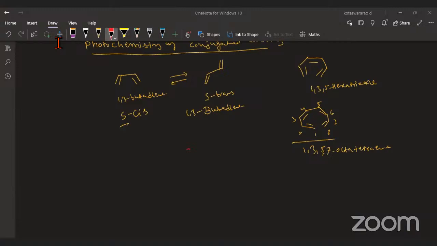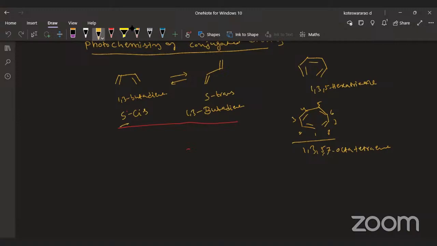Yesterday we saw this 1,3-butadiene. It easily undergoes isomerization at normal conditions, even in the absence of light, in the solution state.